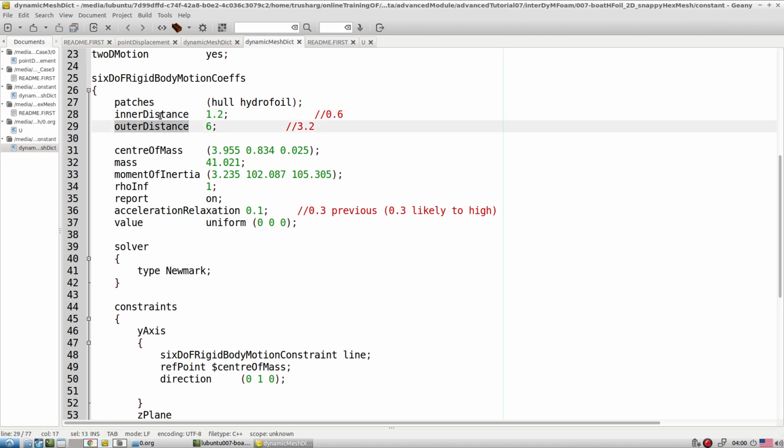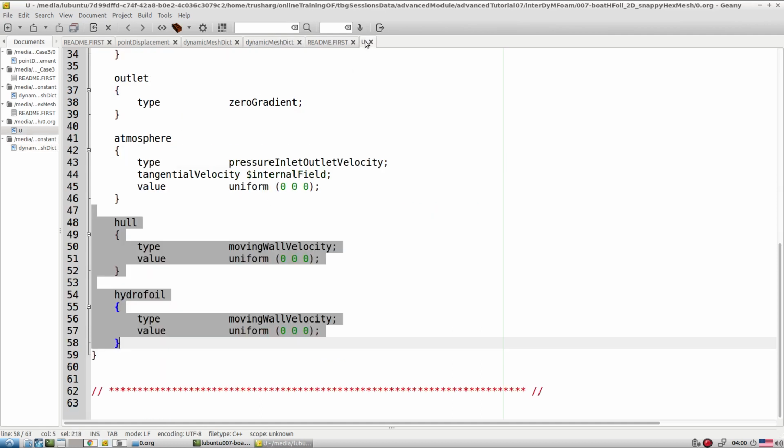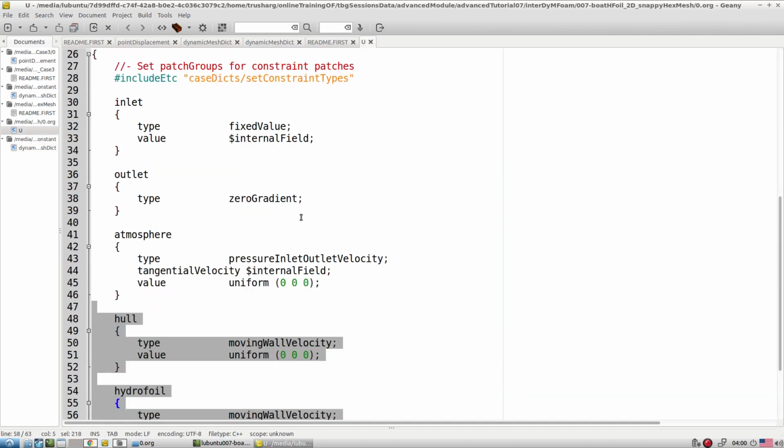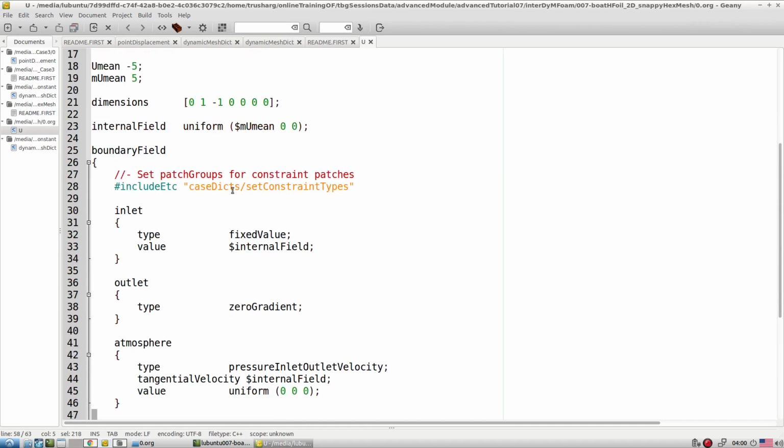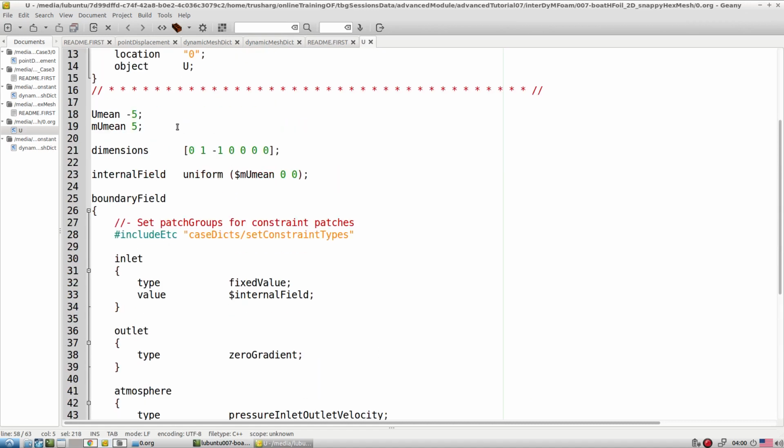That means the mesh is going to change. Then we have the center of mass and moment of inertia. Here, for the mean U, we specify the velocity as internalField uniform, and with this we initialize the flow.